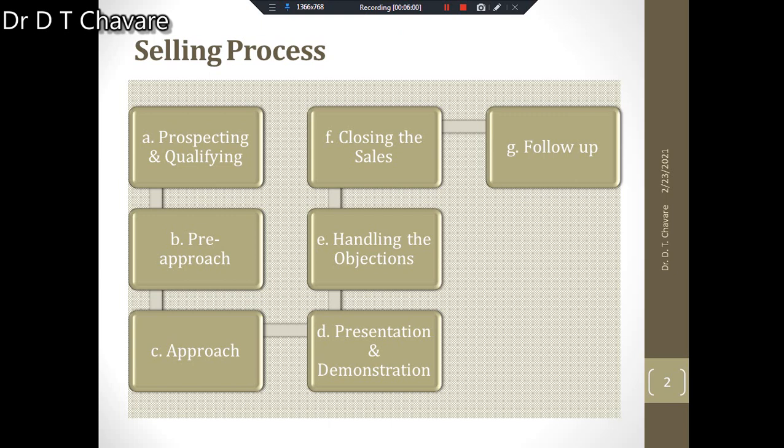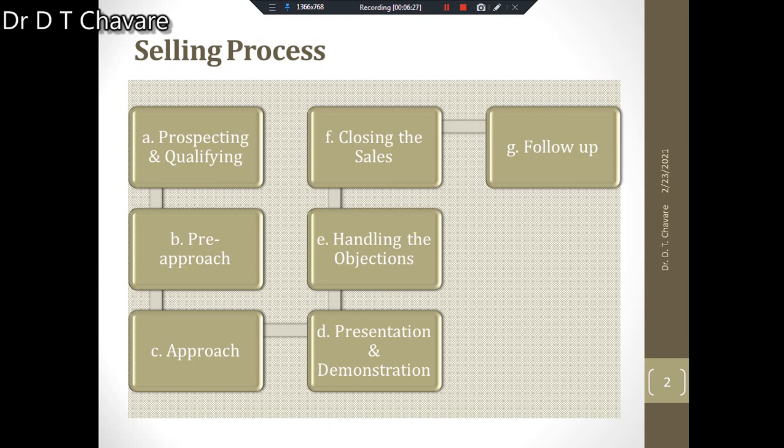Then another thing we have to understand, as per Philip Kotler. According to Philip Kotler, the selling process consists of the steps that a salesman follows when selling the product. What are those stages?